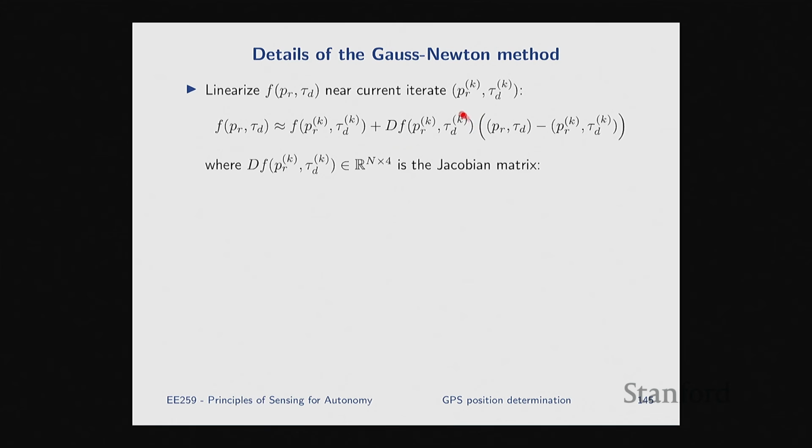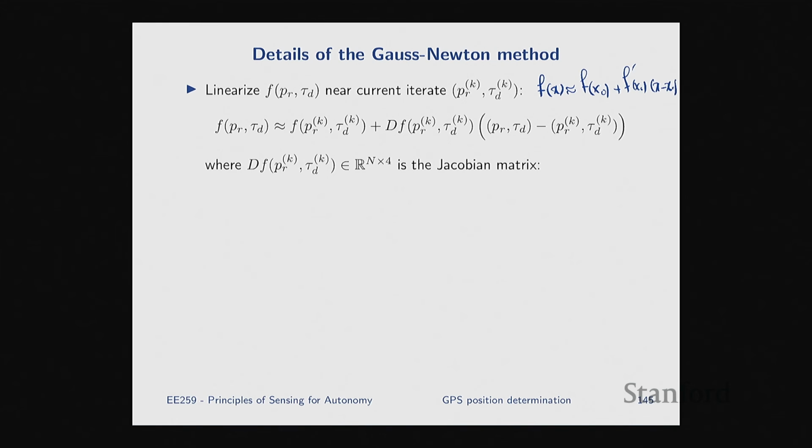This df, which is the derivative, or for the vector case, the Jacobian matrix of f at the current iterate, times the point minus its current estimate. Again, the notation gets a little scary, but this is nothing other than, in the scalar case, if you had some function f of x, you can say my f of x is almost equal to, around the point x0, I'm linearizing, so f(x0) plus f prime(x0) times x minus x0.